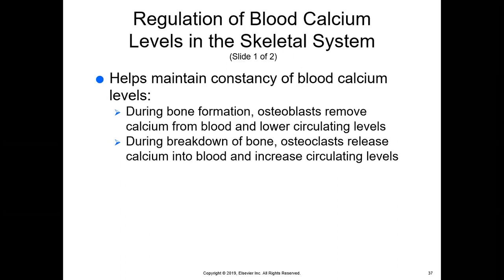So the regulation of blood calcium levels in the skeletal system. The skeletal system helps maintain constancy of blood calcium levels. So during bone formation, the osteoblasts, remember we said bone forming, remove calcium from the blood, thereby lowering the calcium circulating levels.